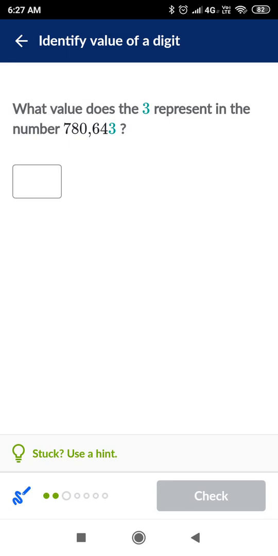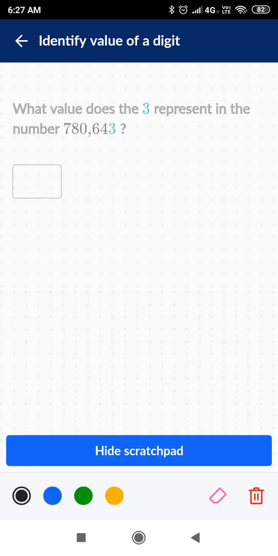So we'll make all other digits 0 and only keep the digit whose value we want, 3. Remember, the place value of this digit is 1 and the value that this digit represents is 3. So the answer is 3.